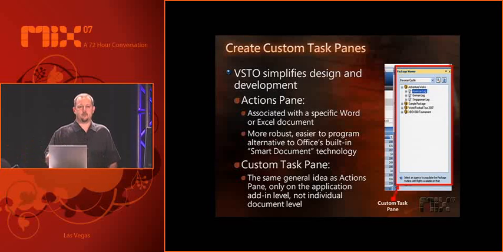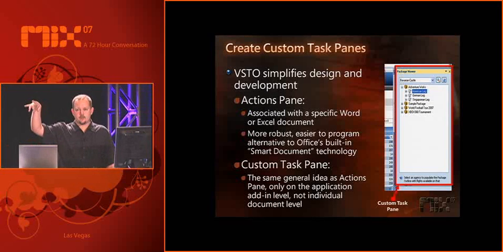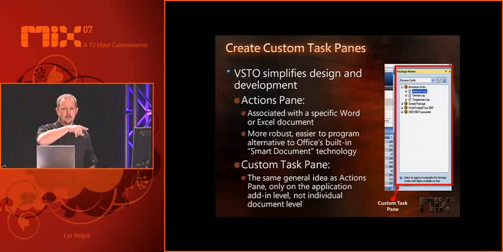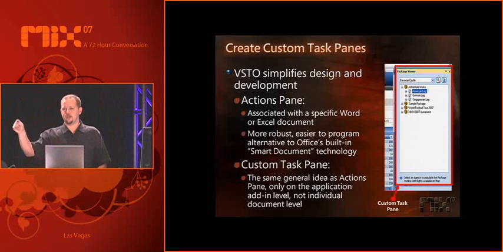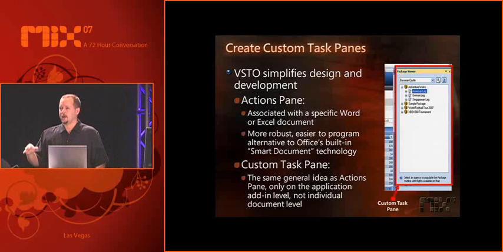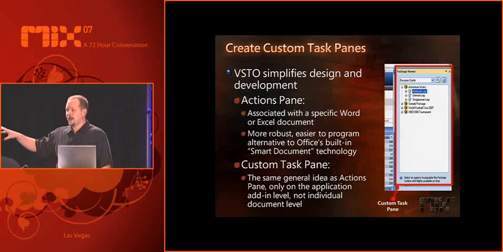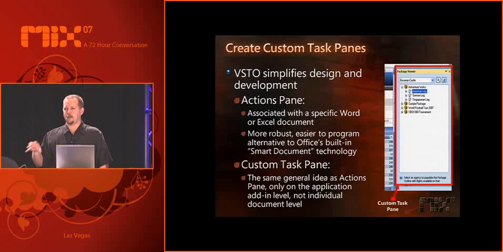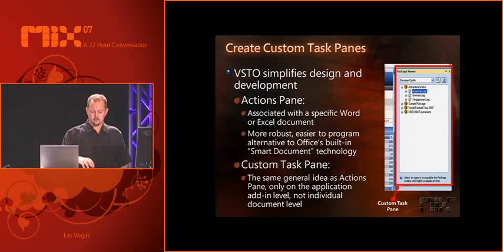You want to be able to give them that opportunity to say, that's the piece of data I need, put it in this cell, or put it in this paragraph, or put it in this content control, and be able to just do a simple drag and drop action. Again, it's all about taking task panes, embedding them in the right applications, and being able to surface that data in a contextual fashion for that end user.